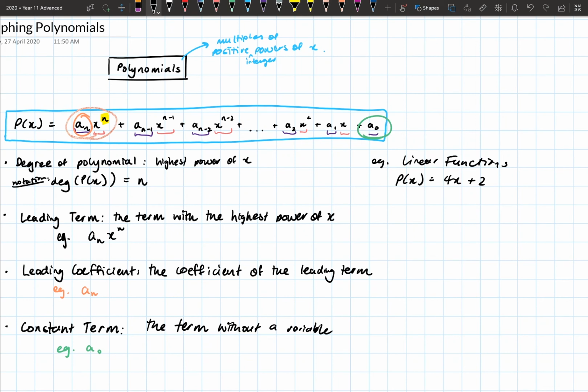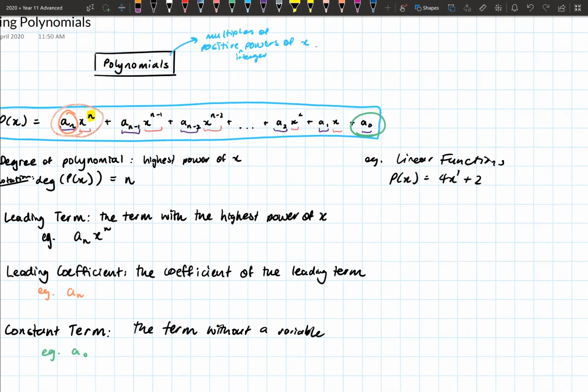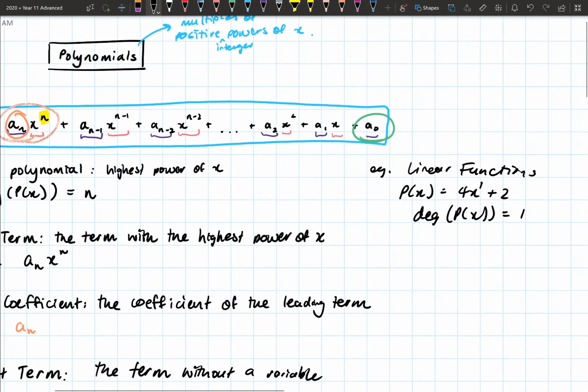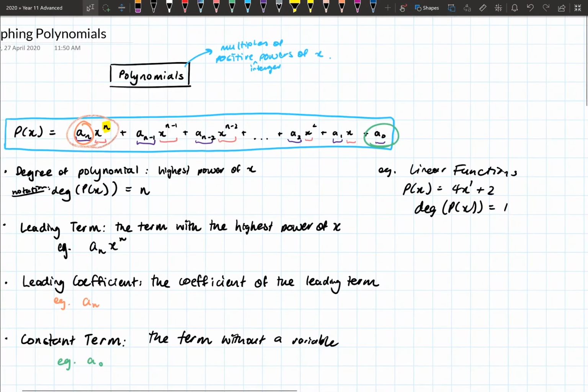This x term has a power of 1 hidden there, so the degree of our polynomial is equal to 1. The highest power of x is 1. The leading term is 4x, the leading coefficient is 4, and the constant term is 2.